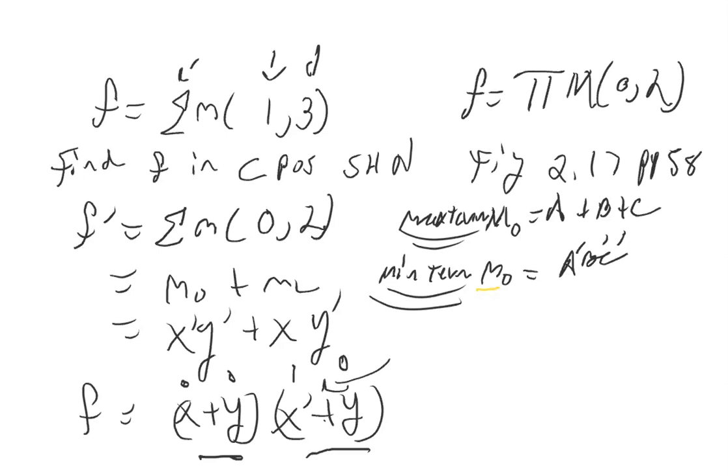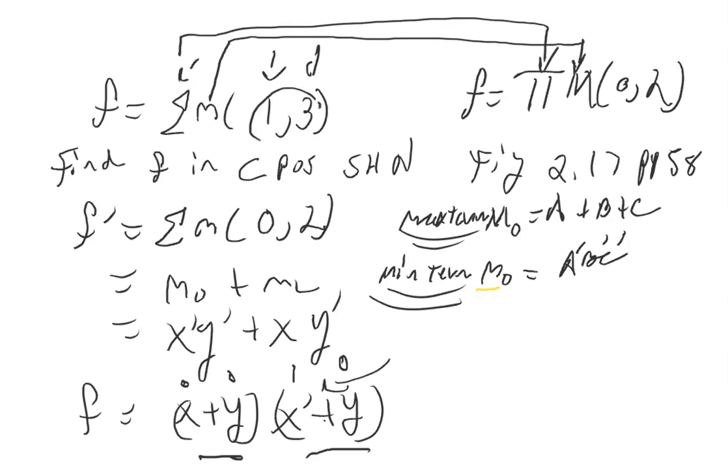And so that's what has happened here. We went from little m into big M, we went from sigma to pi, and we formed the complement of the indices.